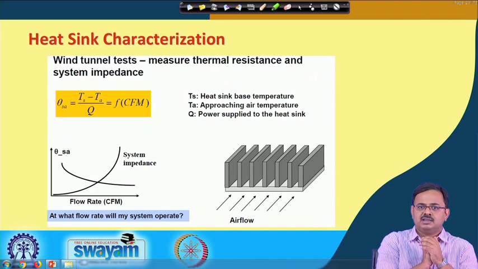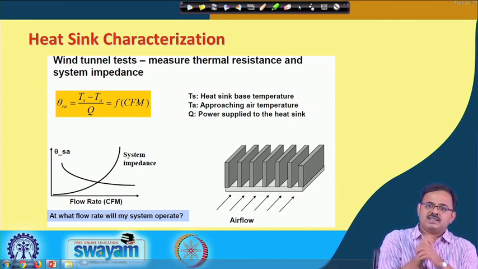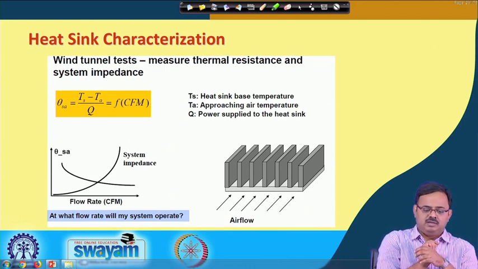And why is that? That is because as the air flows through these channels, or let us say a pipe, there is flow resistance that it faces. And that flow resistance, it can be shown, is proportional, especially at some higher values of flow rate, it has a quadratic dependence.